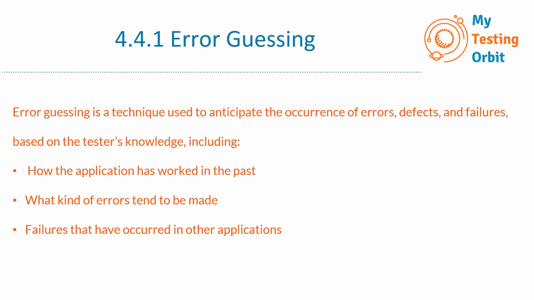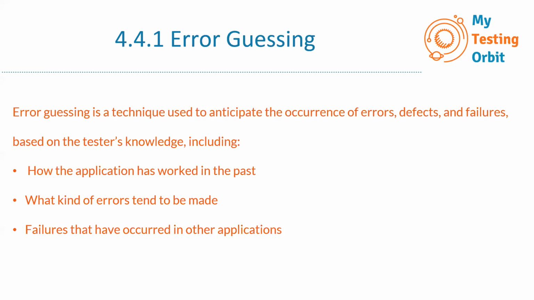Error guessing is a technique used to anticipate the occurrence of errors, defects, and failures based on the tester's knowledge, including how the application has worked in the past, what kind of errors tend to be made, and failures that have occurred in other applications.